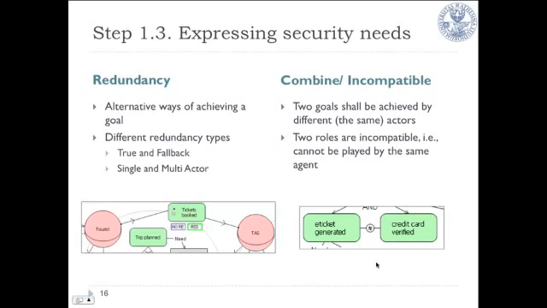So it has to be two different actors achieving these two goals. Whereas the binding of duty, the combination, would be represented through an equals sign, and it would specify that any actor achieving one of the goals has to also achieve the other goal.